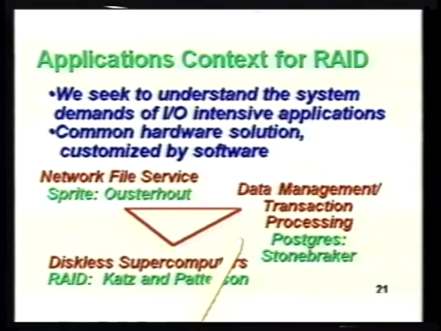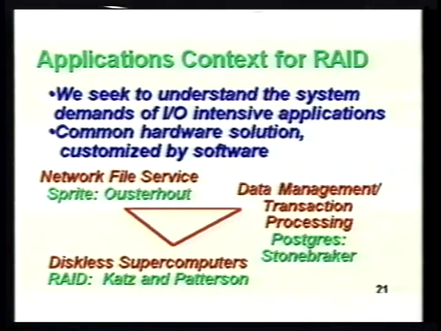At the same time, Mike Stonebraker, in the database transaction processing area, led the Postgres effort, his follow-on to Ingres. So this work was being done in this triumvirate of hardware, operating system, and database research.